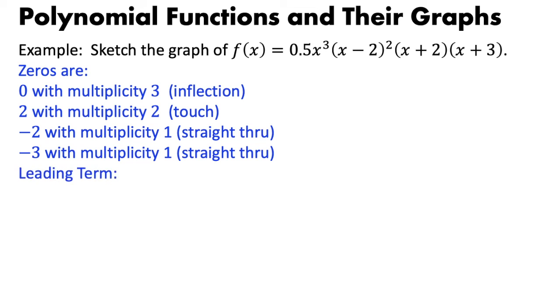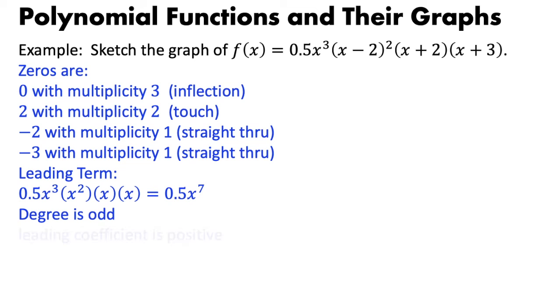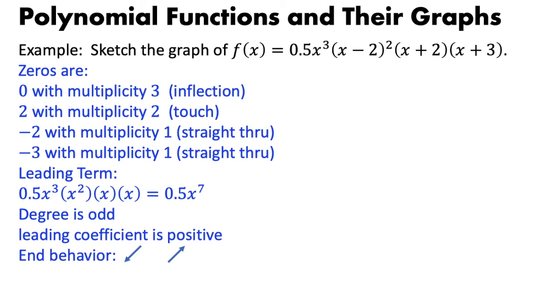The leading term is found by multiplying the leading term of each of those factors. So 0.5 x cubed times x squared times x is 0.5 x to the 7th, where the degree is odd and the leading coefficient is positive. So the end behavior would be as x approaches infinity, y approaches infinity, and as x approaches negative infinity, y approaches negative infinity.